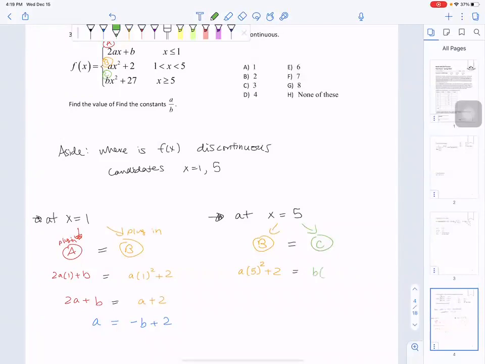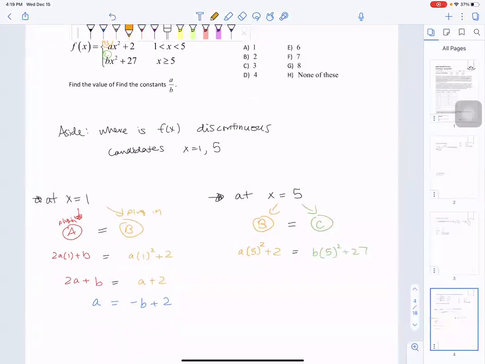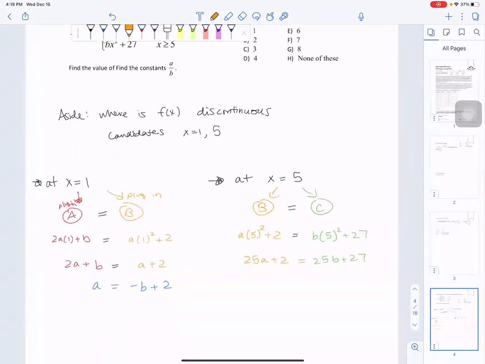You get B times 5 squared plus 27. So this gives you 25A plus 2 equals 25B plus 27. Or 25A equals 25B plus 25, since I'm going to subtract 2 from both sides.